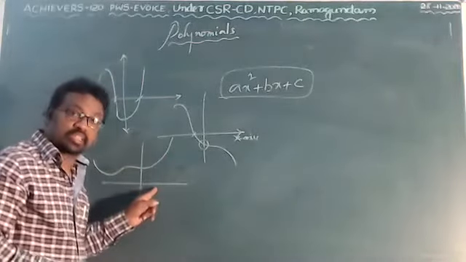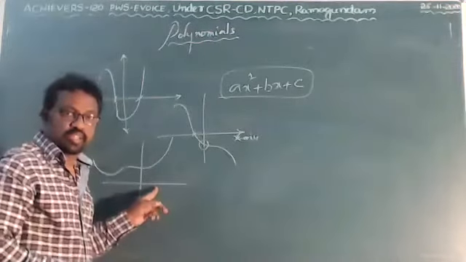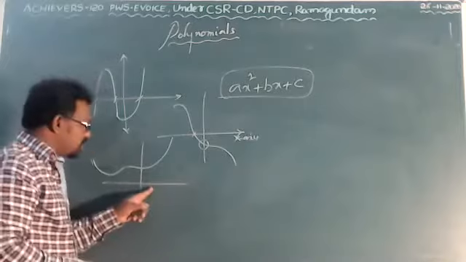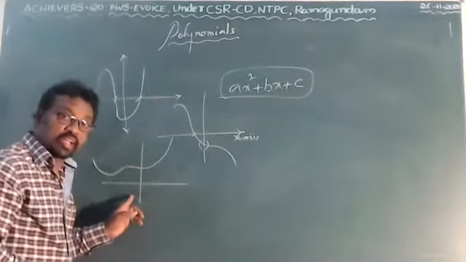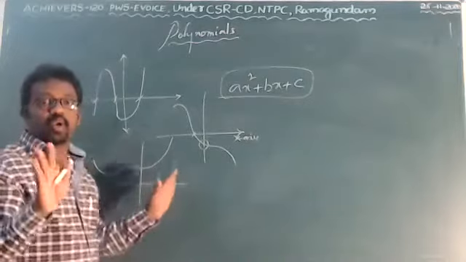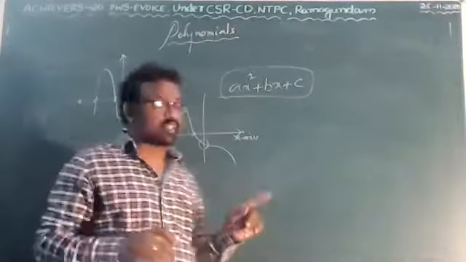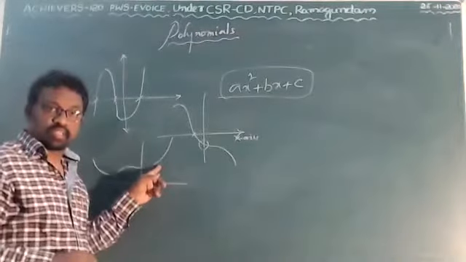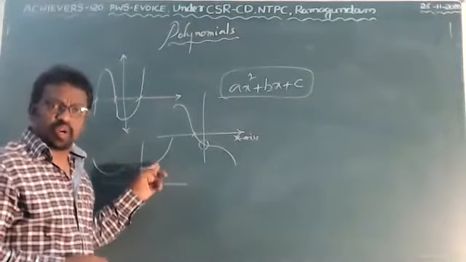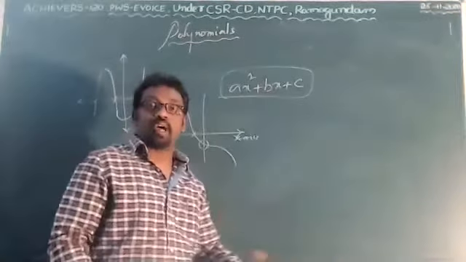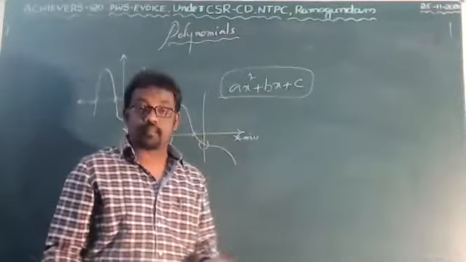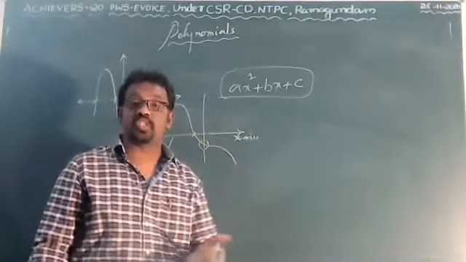Only if it intersects on the x axis. That means the curve here did not intersect the x axis, so there are no zeros, no answers for this curve. These curves are called parabola. This is by the graphical system, by representation, visualization.